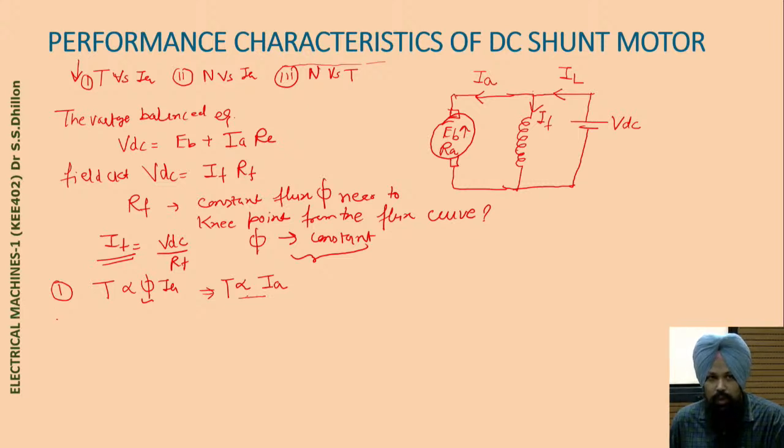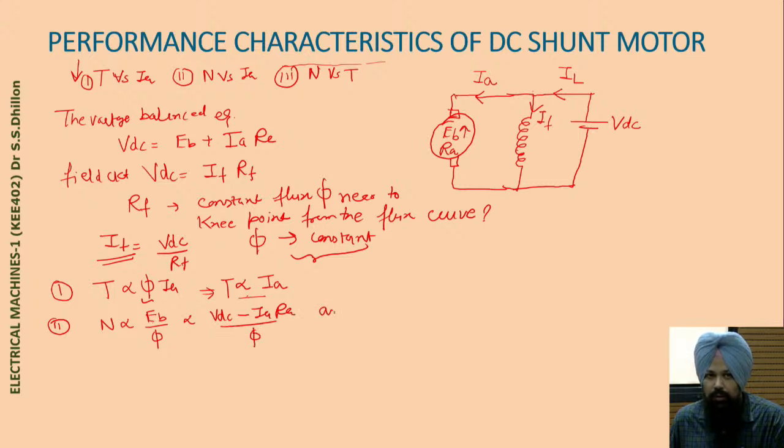If I discuss the speed, speed is directly proportional to Eb by phi, or we can also write it as directly proportional to VDC minus Ia into Ra, divided by the flux.